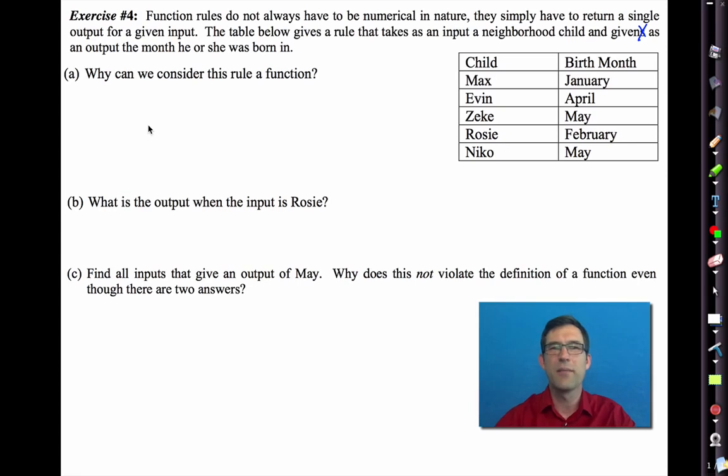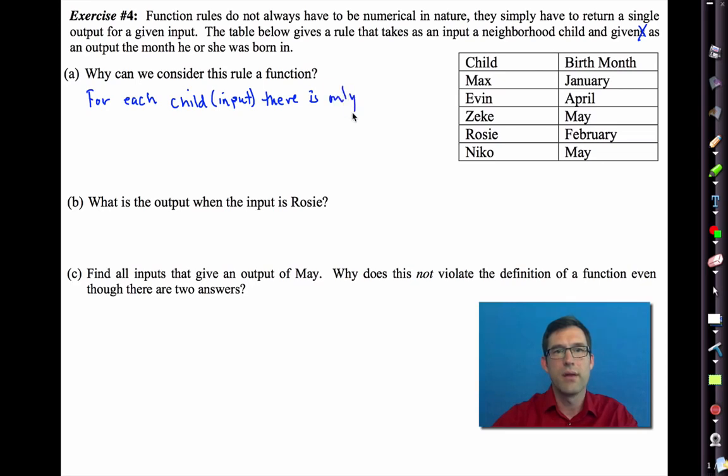All right, let's talk about it. Well, for each child, and let me just put this in parentheses, input, there is only one birth month. And that would be the output, right? I was born in December.